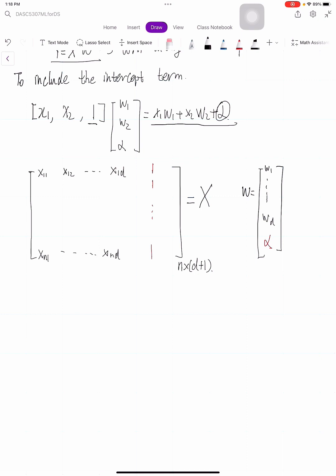Now our linear model will be y equals X dot product with the w vector. So this is our linear model with the intercept term.